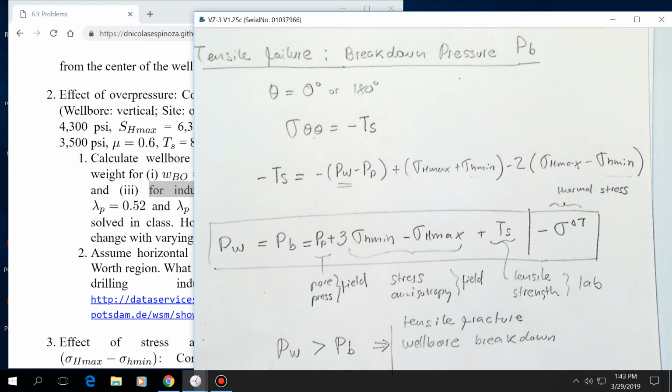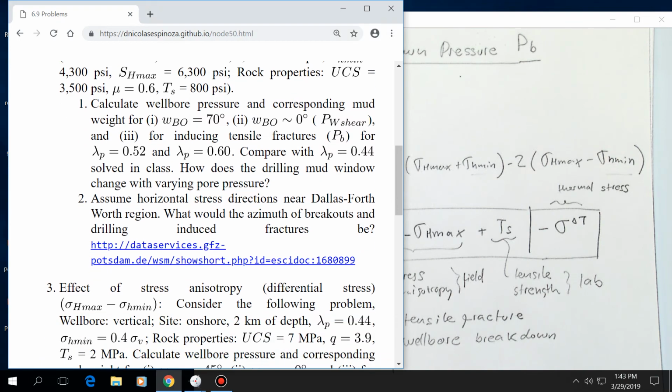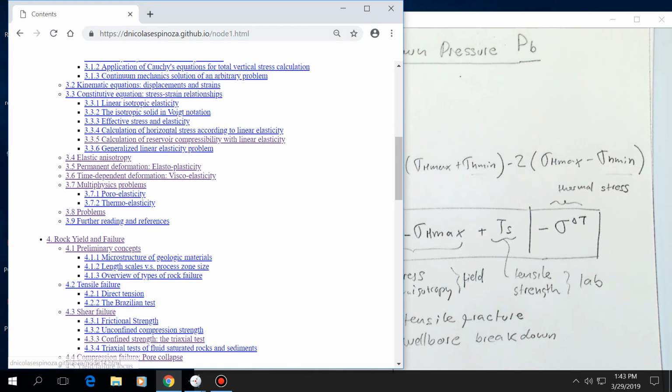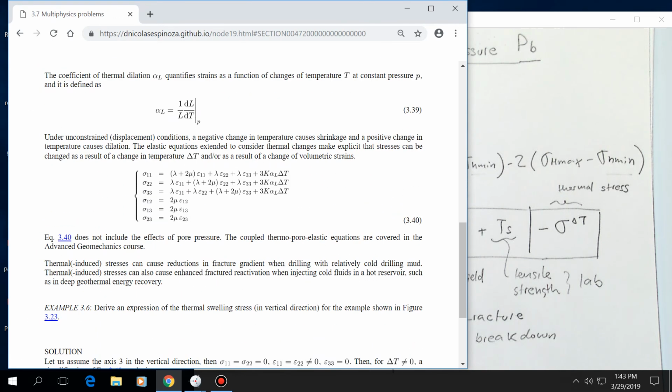And even though it was okay during drilling, it may fail later on if you change the temperature conditions in the wellbore. This is the effective thermal stress. Is there something such as the total thermal stress? No. That's something that I believe we didn't go through in detail, but it is somewhere around here in the notes, where we talk about problems of thermoelasticity.